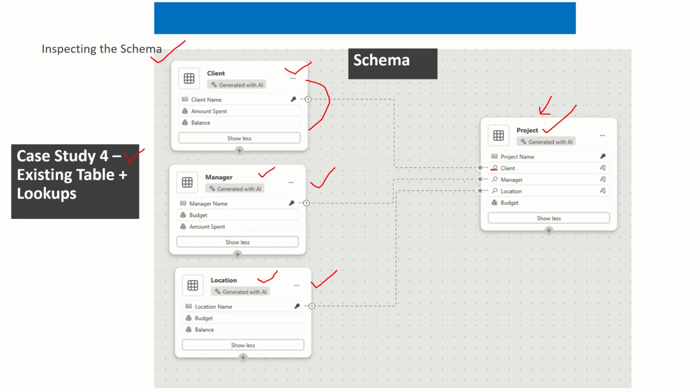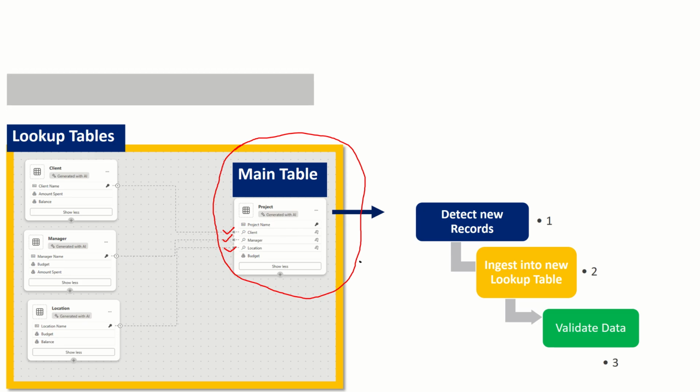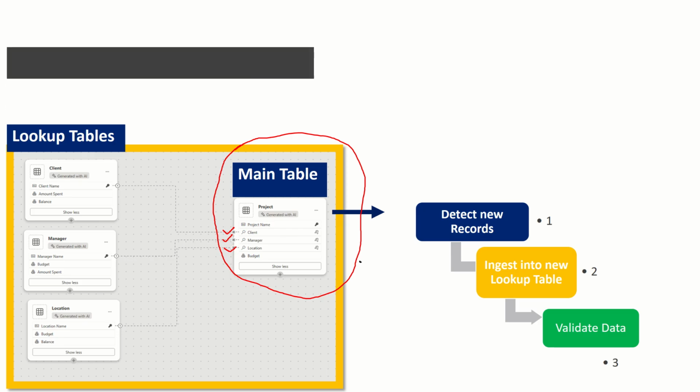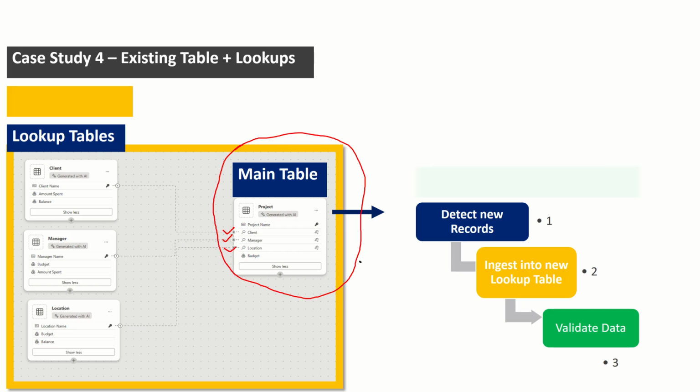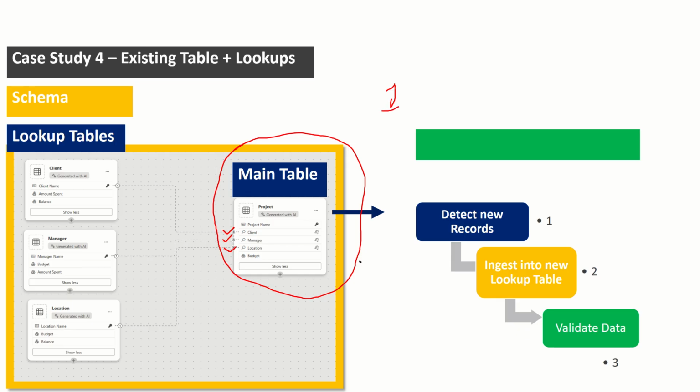Now, that's about that. The next bit here, inspecting. How are we going to achieve this? The strategy today is what I'm going to explain in this particular part of the video. In front of you here, I have strategy 1. Strategy 1 is going to focus solely on the main table.